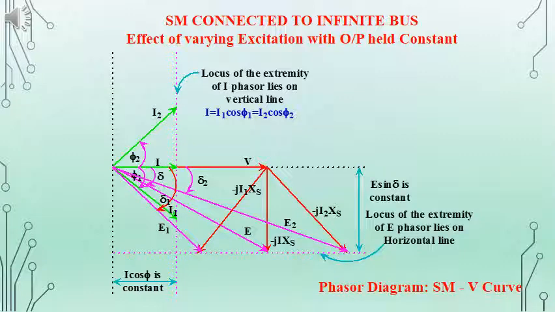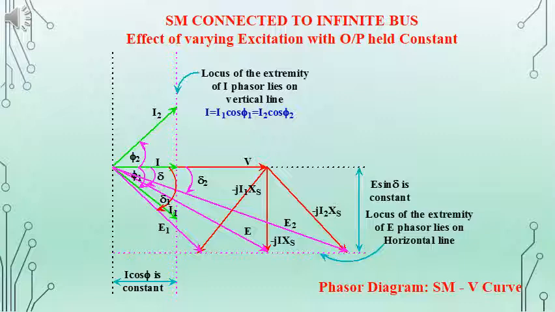In this slide, there is a combination of the previous three cases, that is unity power factor, leading power factor and lagging power factor conditions, combined and given. We can understand from the diagram that E sin delta remains the same.